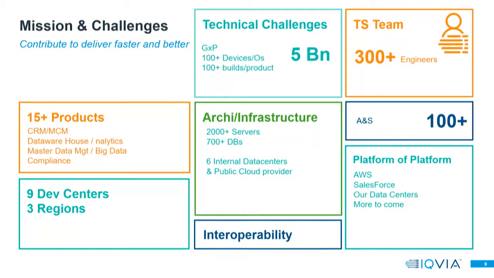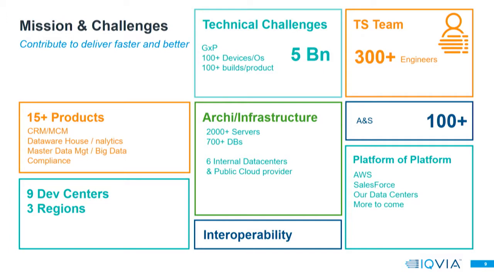Just one example, on the CRM part, we have a product that offers more than 300,000 usage paths. And this code can be executed on more than 100 devices, a combination of operating systems and devices. And our engineering teams are delivering to us, on the DevOps side and testing side, more than 100 builds per year.